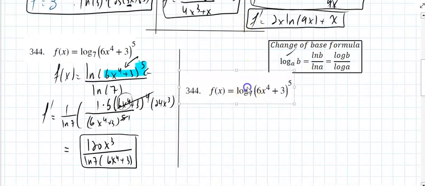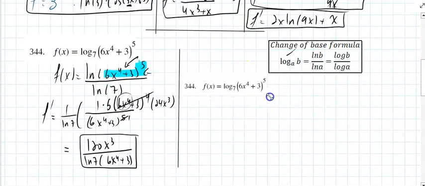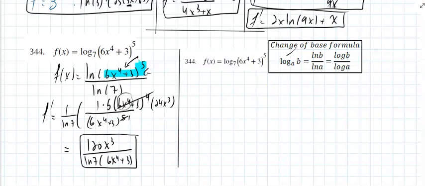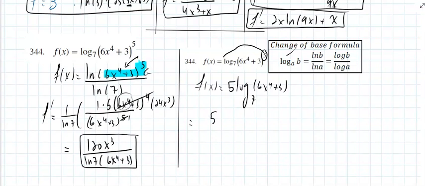So I could have said, by properties of logs, f of x equals, I can take that 5 and move it up front. Logs are the only functions that we use to bring powers down, and I could say this is 5 times natural log of 6x to the 4th plus 3 divided by natural log of 7.